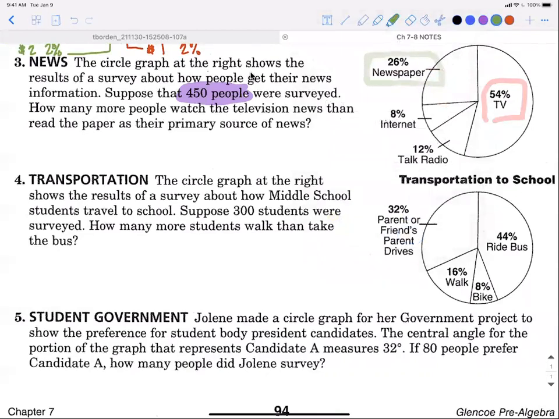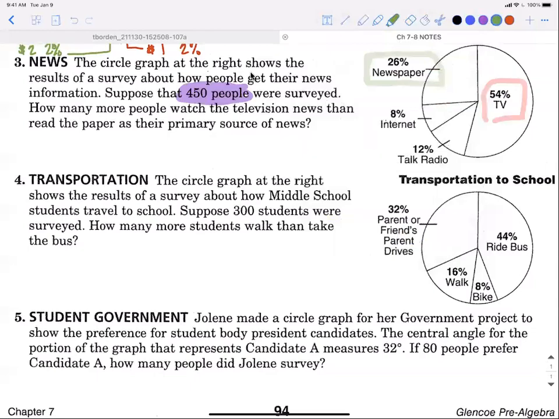So I need to know how many more people watch TV than read the newspaper. Well, I'm not given the number of people, I'm given a percent. But based on what we've learned so far in chapter 7, if I'm given a percent and I'm given the whole number of people, can I find a partial? Right? I can use the percentage equation that we've learned.